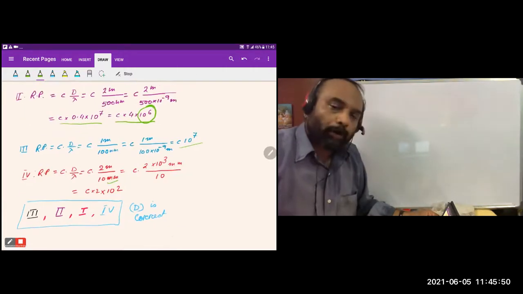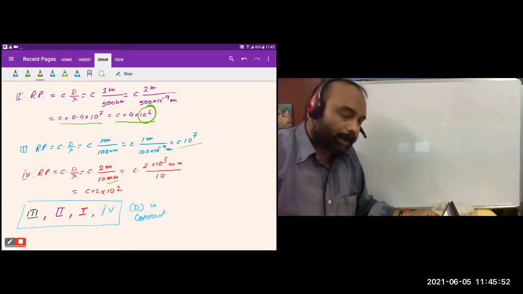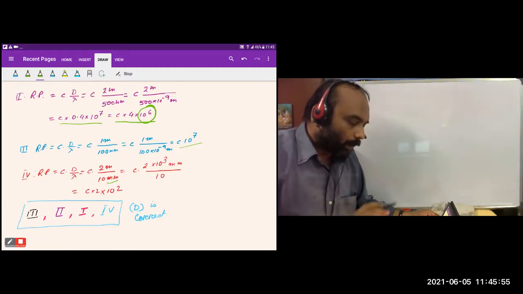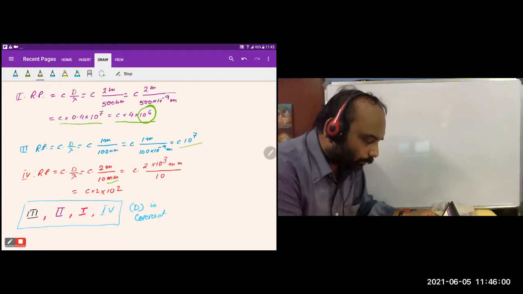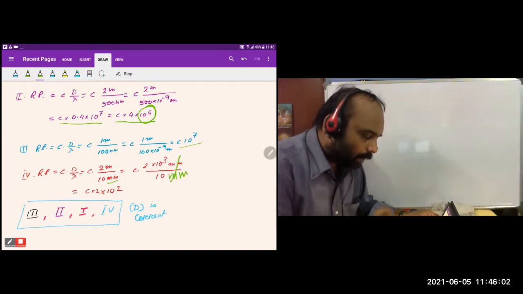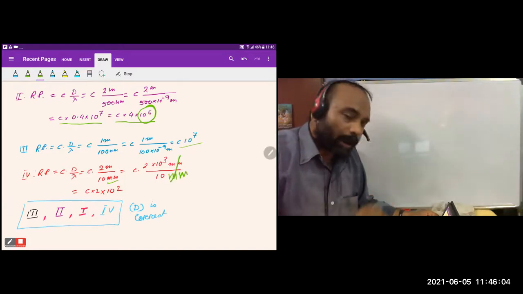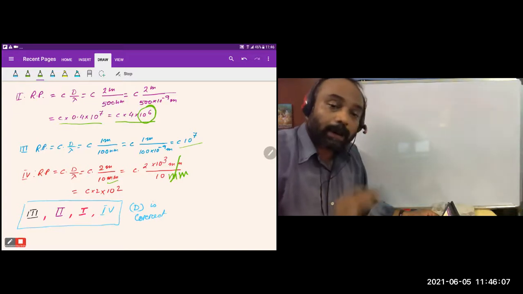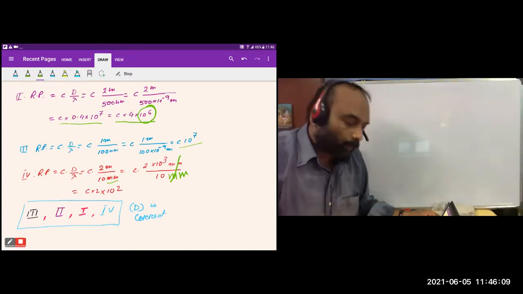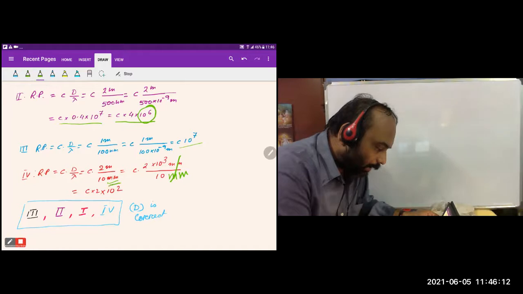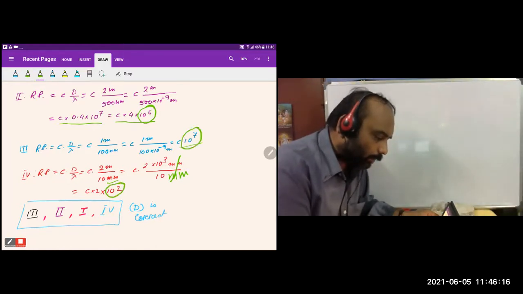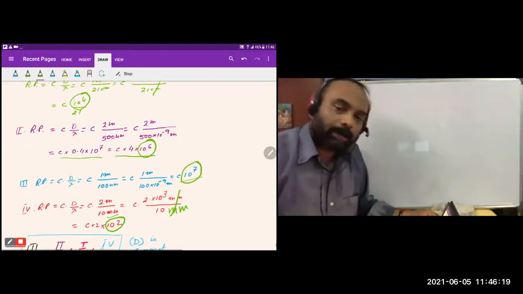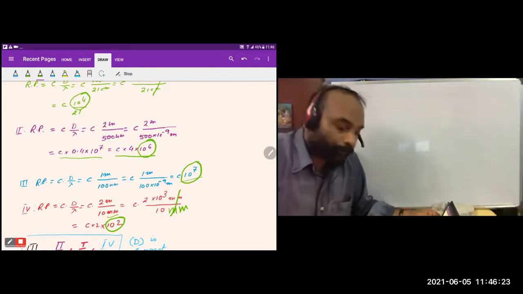So resolving power is C times D by lambda, converting meter into millimeter. Units are cancelled out. So C times 2 times 10 squared. So 1 is having 10 squared, 1 is having 10 to the power 7, 1 is having 10 to the power 6, and 1 is having 10 to the power 4, order of magnitude.